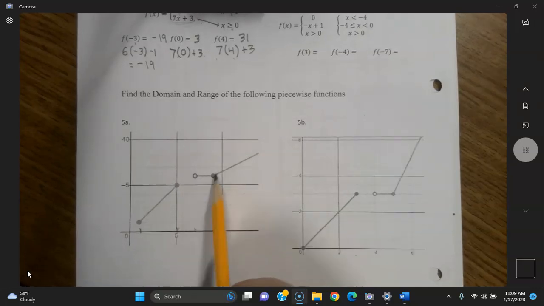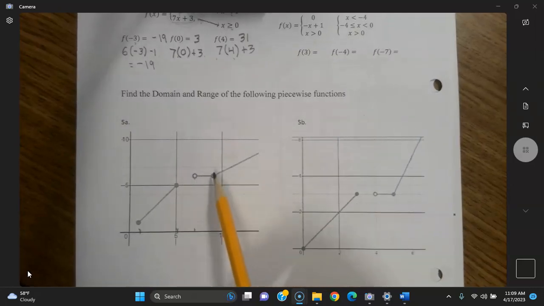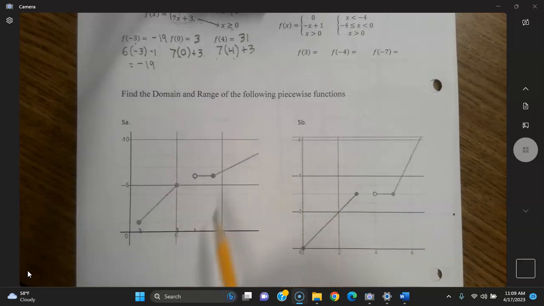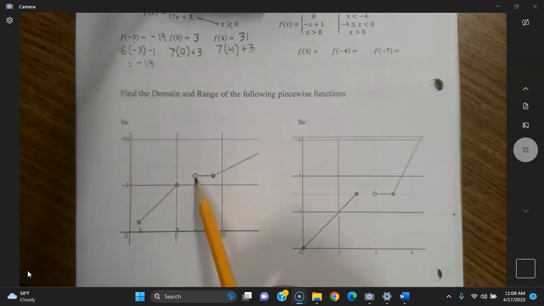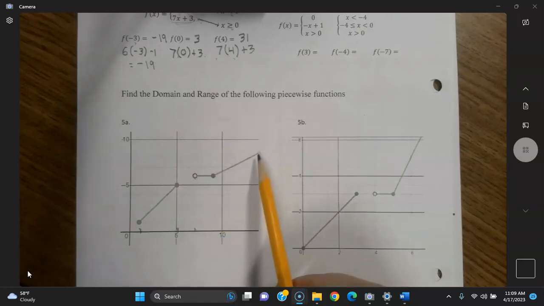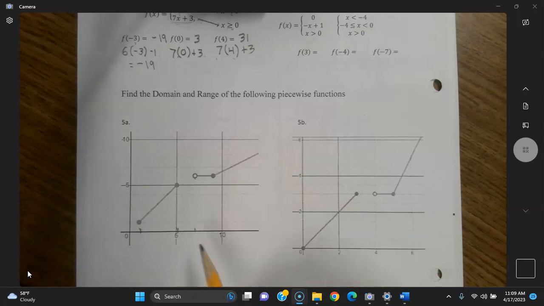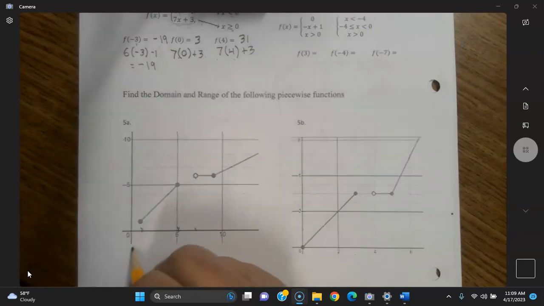And then it goes all the way to forever, to infinity. Now the fact that it bends here doesn't matter. It's continuous along here, just because it doesn't look like a smooth curve, it's still continuous. So it's going to go from 7, but not including 7, up to infinity. If it goes off the graph like that, it means that it goes to infinity. So how do we write that?